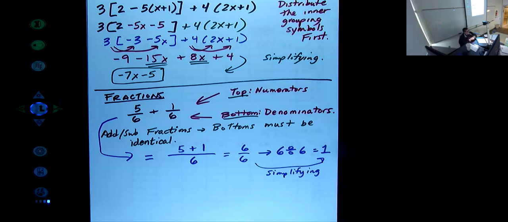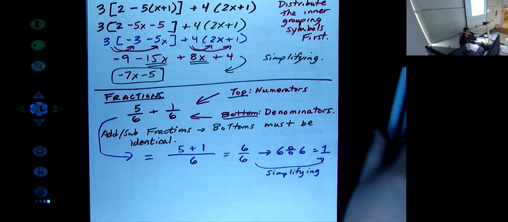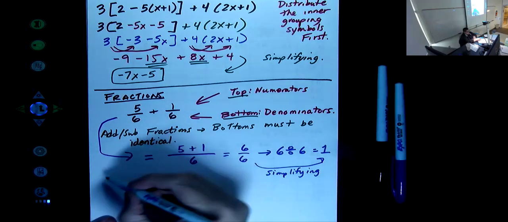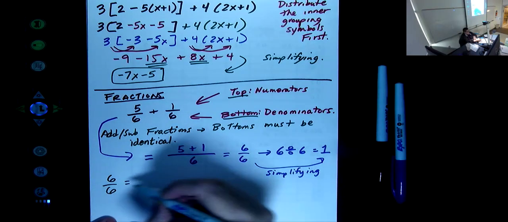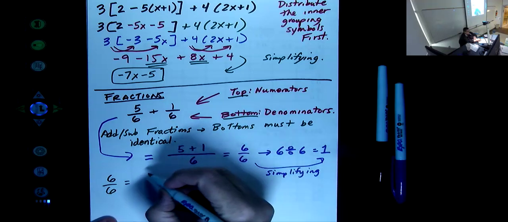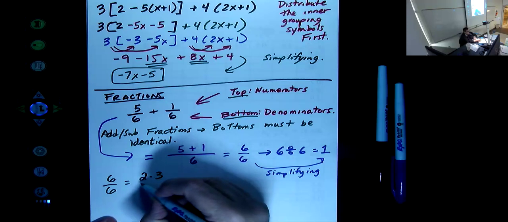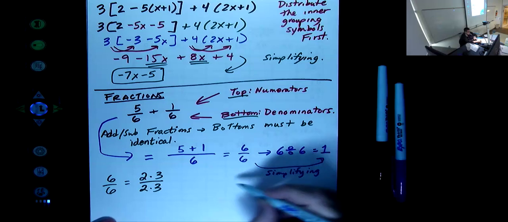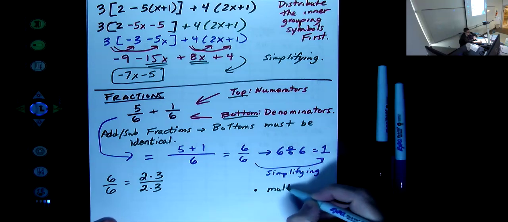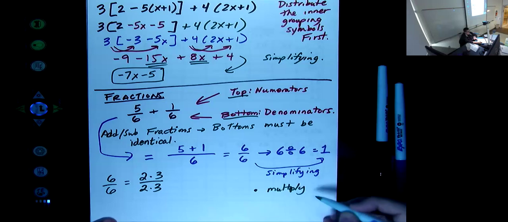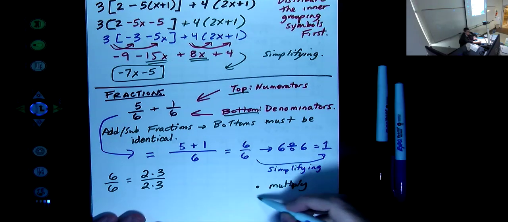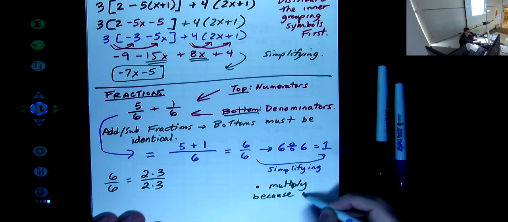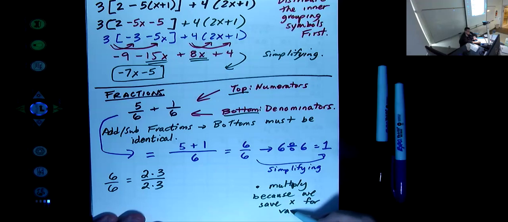There is another way to do this without doing division. Another way to simplify is to write things that multiply together to make the number. 6 is the equivalent of 2 times 3. And the same on top and bottom. You'll notice I use the dot for multiply. I didn't say this earlier. This is a common thing after algebra because we save X for variables, as you've seen, we've been using X for variables.